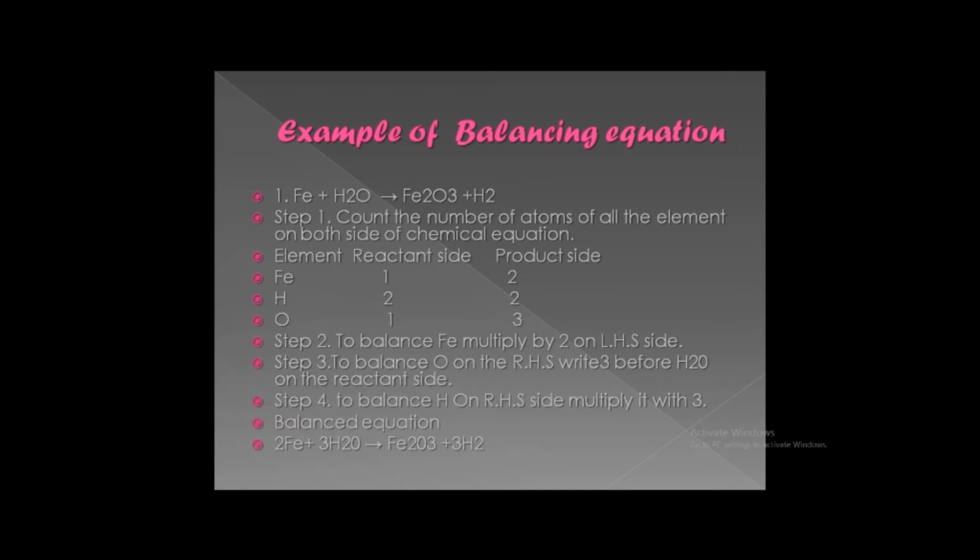Iron we multiplied by 2, so now it will be 2 Fe. Water we multiplied by 3, so it will become 3 H2O. Fe2O3, nothing we have done, plus hydrogen 3 H2. So the balanced reaction will be 2 Fe plus 3 H2O gives Fe2O3 plus 3 H2.